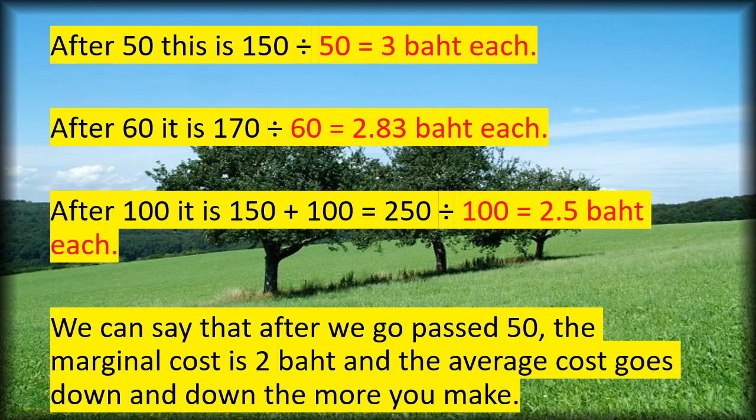After 60, it is 170 divided by 60 equals 2.83 baht each. After 100, it is 150 plus 100 equals 250 divided by 100 equals 2.5 baht each. So we can say that after we go past 50, the marginal cost is 2 baht and the average cost goes down and down the more you make.